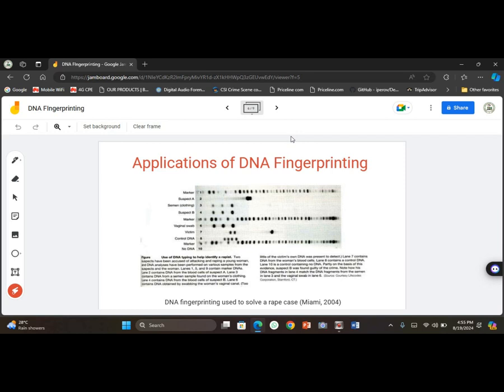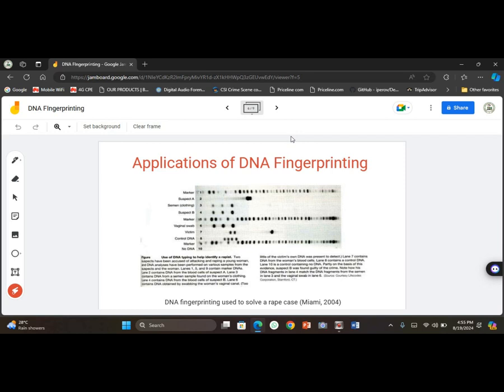The next thing is to talk about applications of DNA fingerprinting. DNA fingerprinting is used in a variety of applications all over the world. It can be used to solve criminal cases, which is the primary thing that concerns us, in cases such as rape.